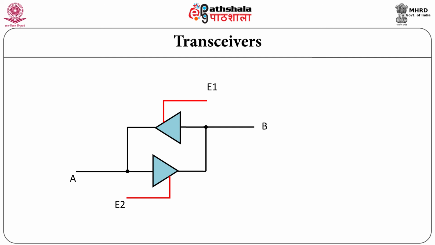Let us consider the example of buffers as transceivers. When active high enable input is provided at E1, it transfers the data from A to B without complementation, whereas when the enable input E2 is 1, then the data is transferred from B to A.